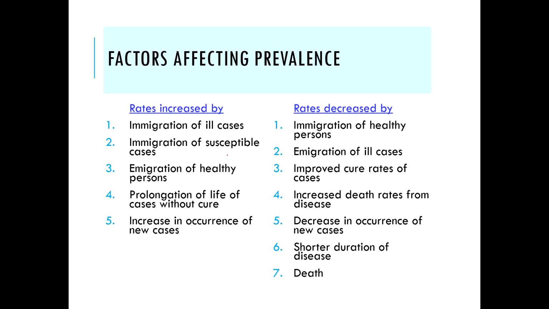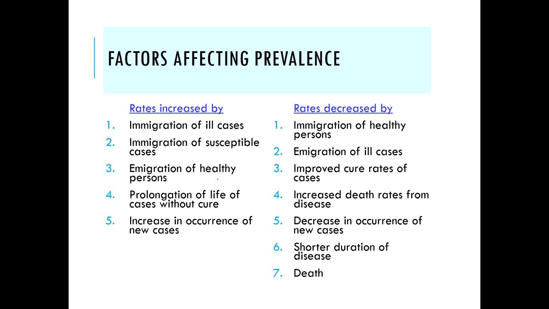And immigration of susceptible cases also matters, because it affects the concept of herd immunity. If in a herd the number of susceptible cases increases as compared to the number of cases who are immune, definitely the rates will increase. If healthy persons are going out or migrating out, again the susceptible population is increased in the herd, and it can cause an increase in prevalence.